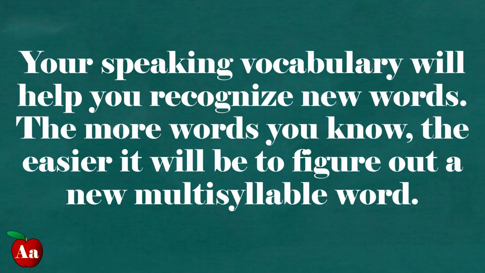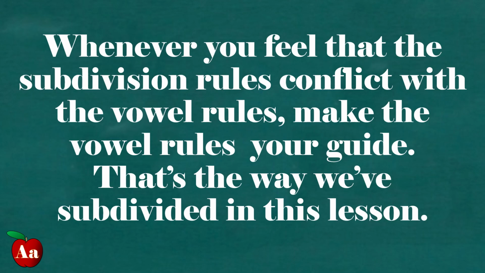Your speaking vocabulary will help you recognize new words. The more words you know, the easier it will be to figure out a new multisyllable word. Whenever you feel that the subdivision rules conflict with the vowel rules, make the vowel rules your guide. That's the way we've subdivided in this lesson.